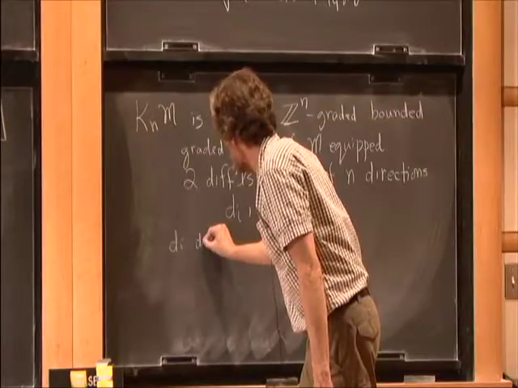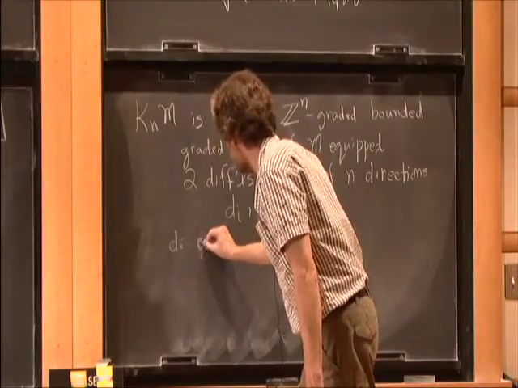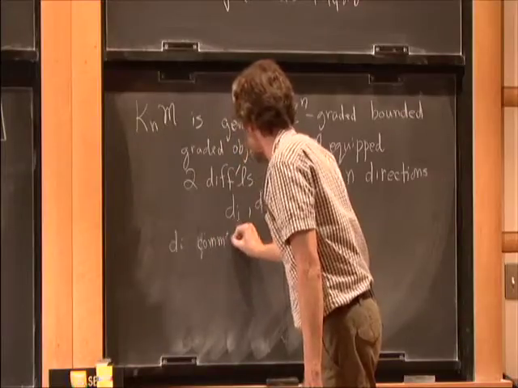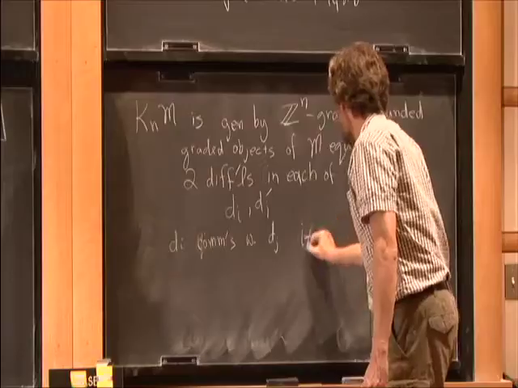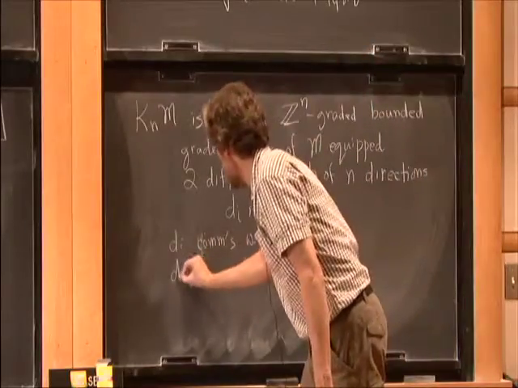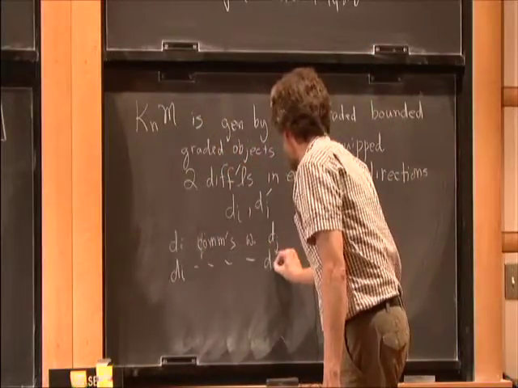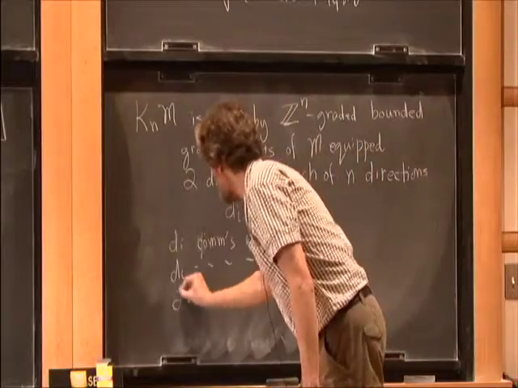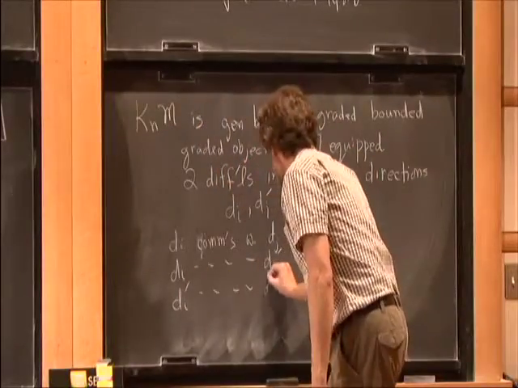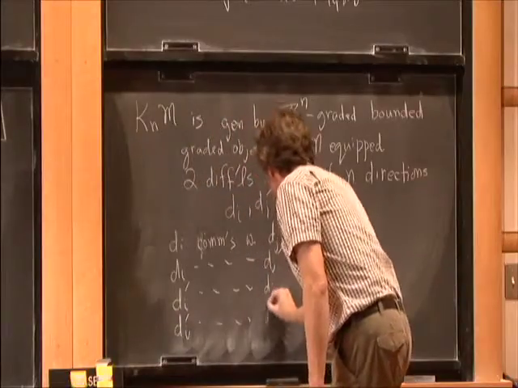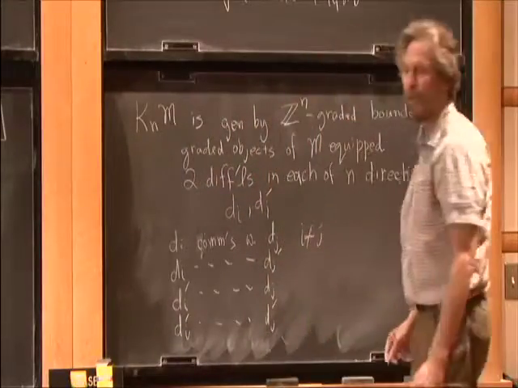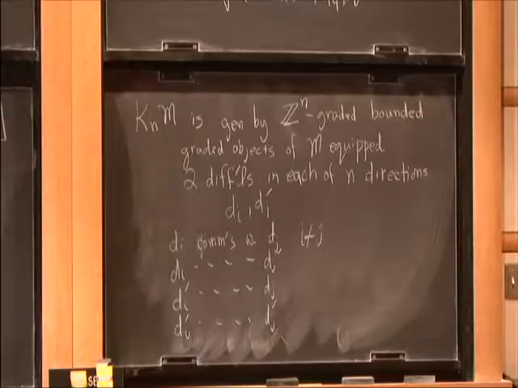Di commutes with dj for i not equal to j, and di also commutes with dj prime, and di prime also commutes with dj, and di prime also commutes with dj prime. But there's no relationship or commutativity between differentials that go in the same direction.